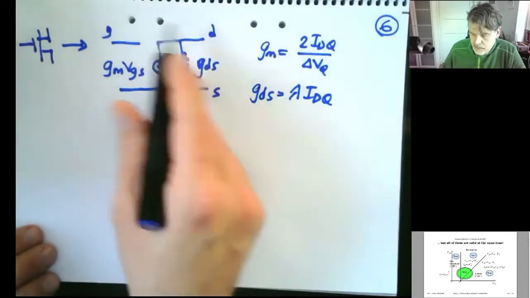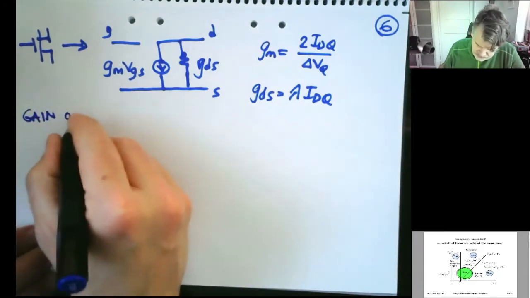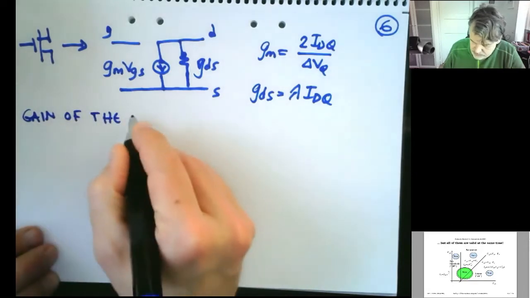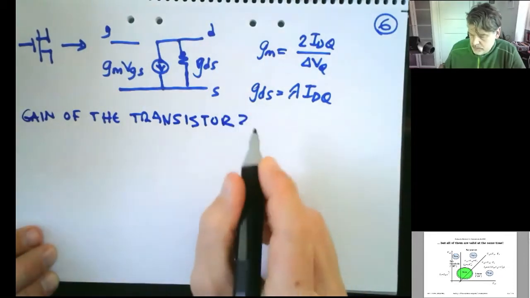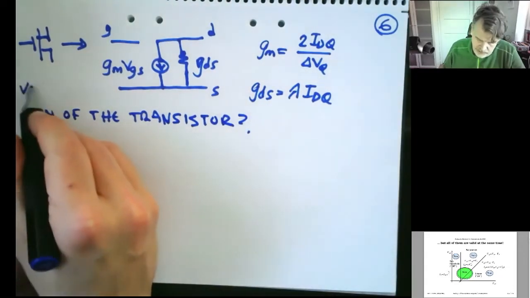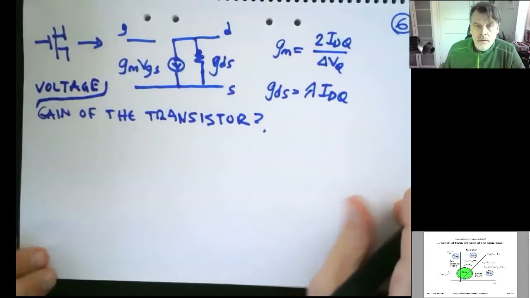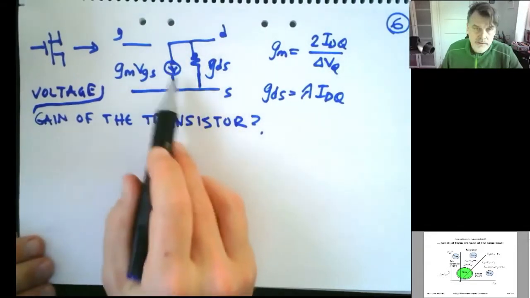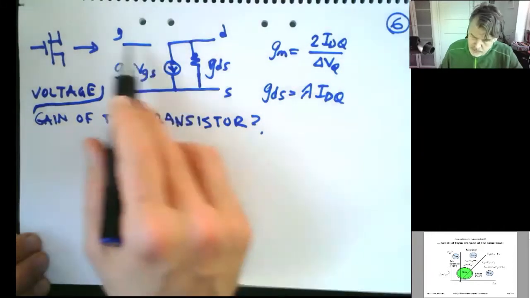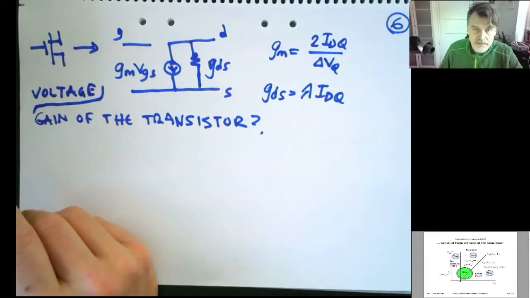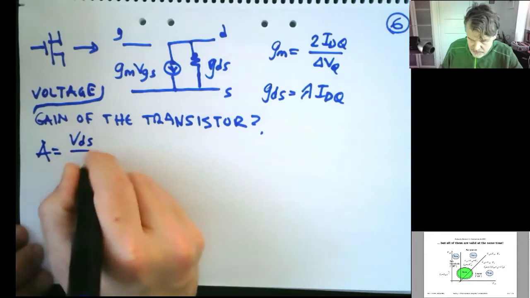All right. So what about the gain of the transistor? Now we say voltage gain of the transistor. Well, we can look at the small signal. We have Ohm's law here. This is a Norton equivalent, current source parallel with conductor. So VDS over VGS. So gain is equal to VDS divided by VGS.